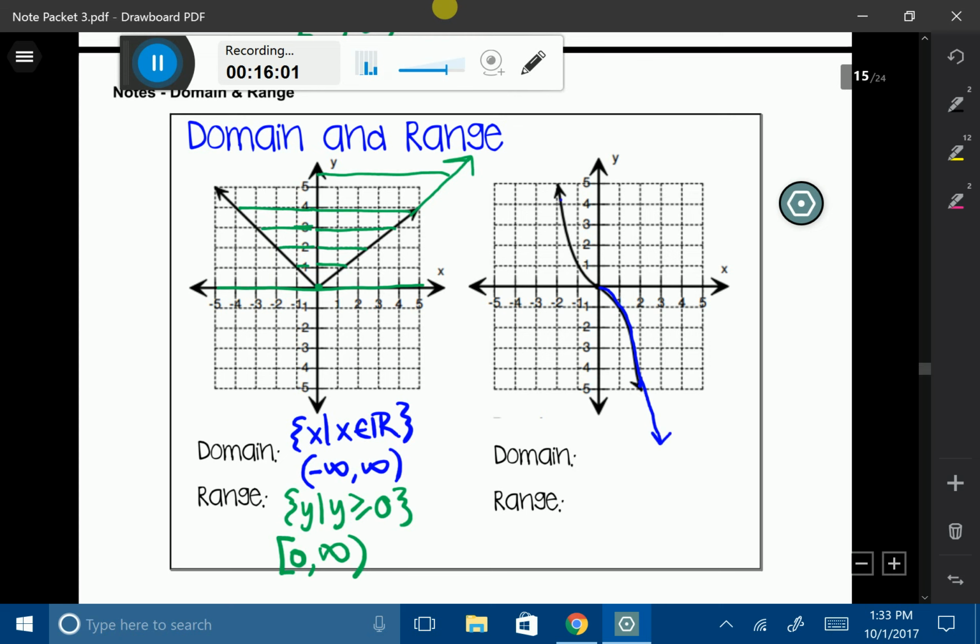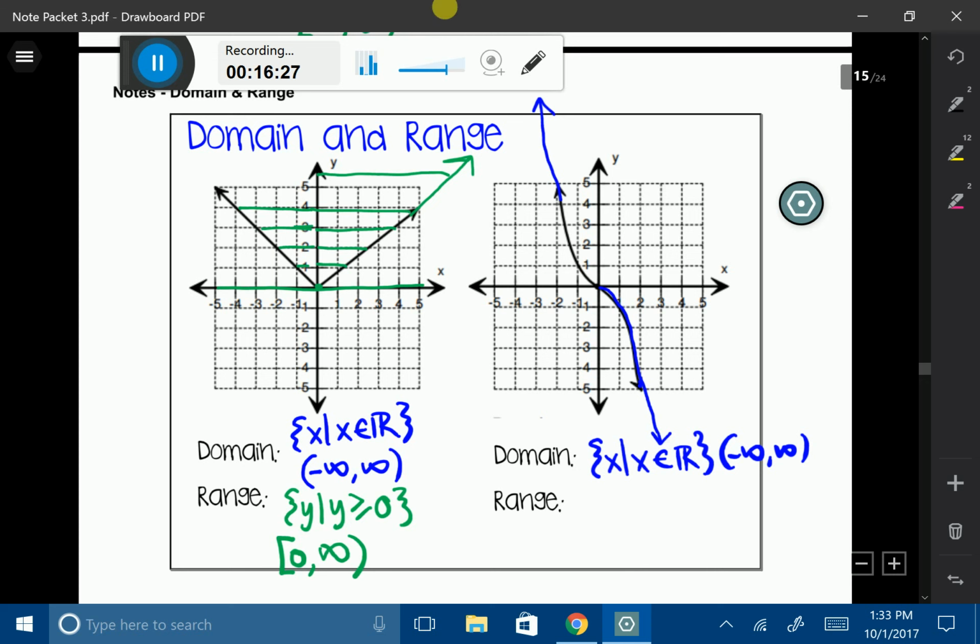Same thing in the other direction. It's going to continue going on in that direction. So you can see that even though it's gradually moving, your domain values are going to always exist. So in this case, this is going to be x such that x exists in the real number system, which my interval notation will be the same, negative infinity all the way up to infinity.